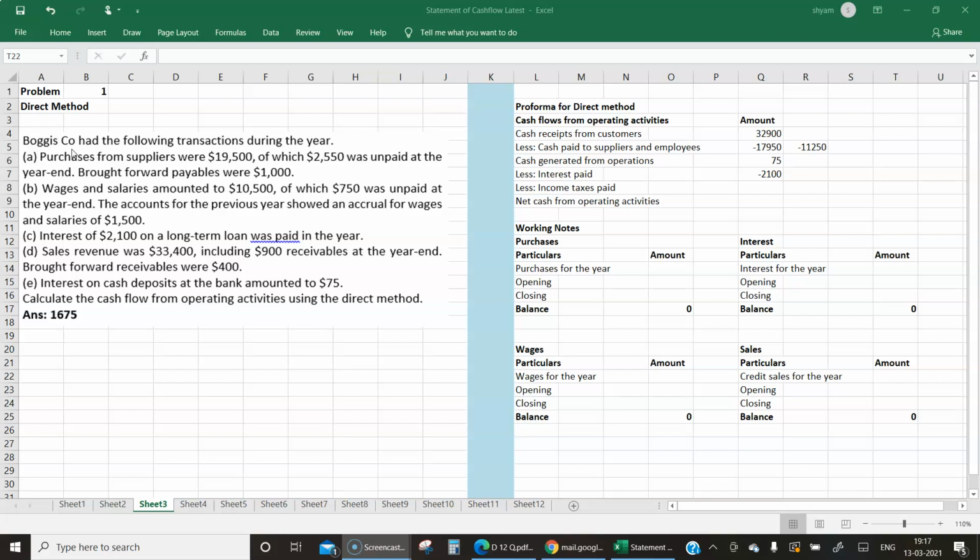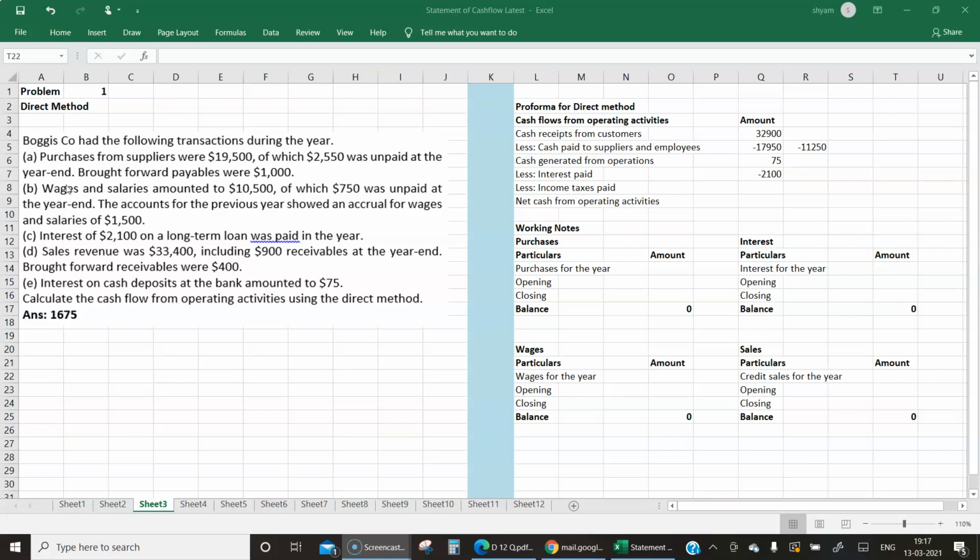So Bogisco had the following transactions during the year. A, purchases from suppliers were 19,500. They have purchased this, of which 2,550 was unpaid at the year end.